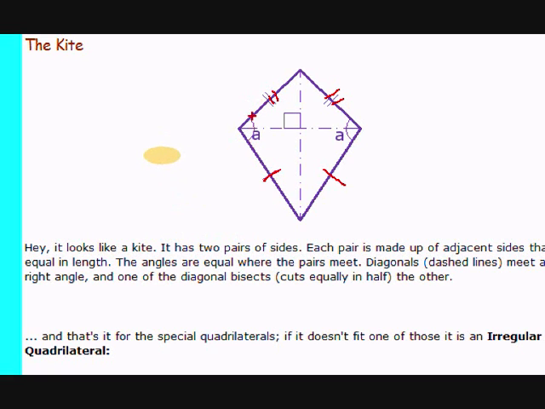Look, this and this angle are equal. This angle and this angle are equal, right? Not the opposite ones. In other cases, the opposite angles were equal, right? So the angles are equal where the pairs meet. Diagonals meet at right angles. These are the diagonals, right? When you draw a diagonal like this, they meet at a right angle. What is a right angle? 90 degrees. Okay. This is the definition of a kite.